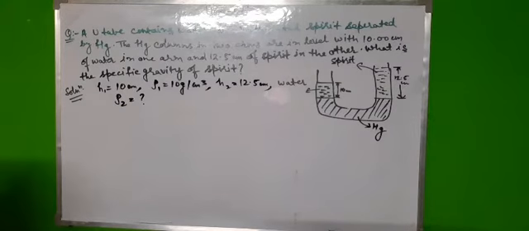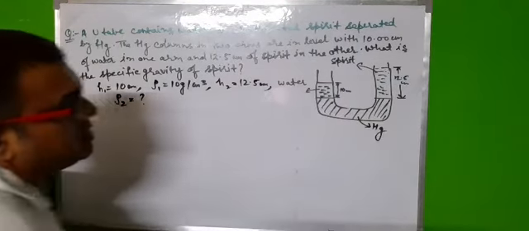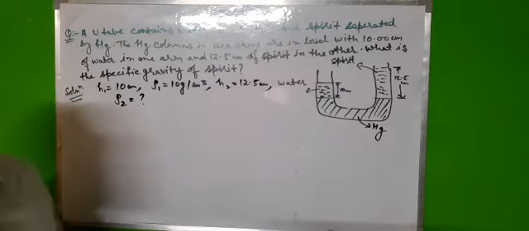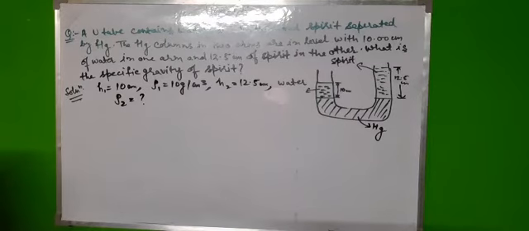Now look at here, students. The Hg column in both the arms of the U tube is at the same level. Look at here, this level and this level is the same level, and since the Hg column in both arms has the same level, the pressure in both the arms will be the same.